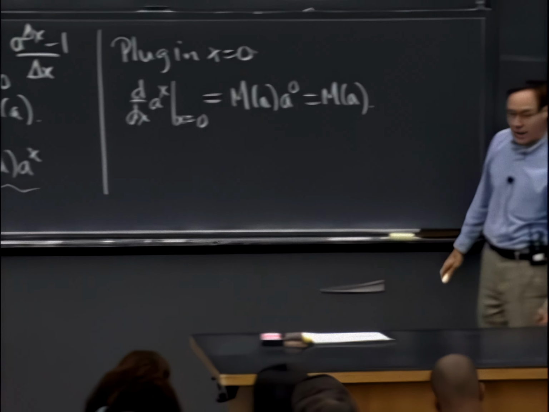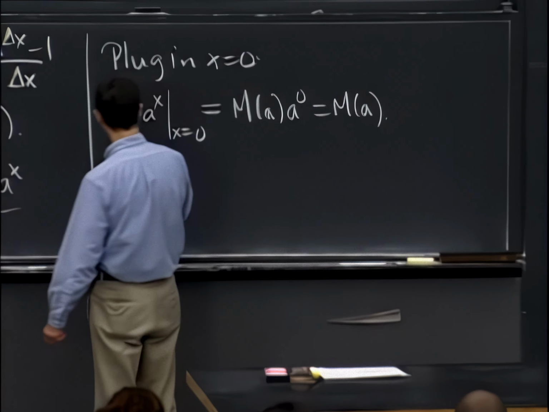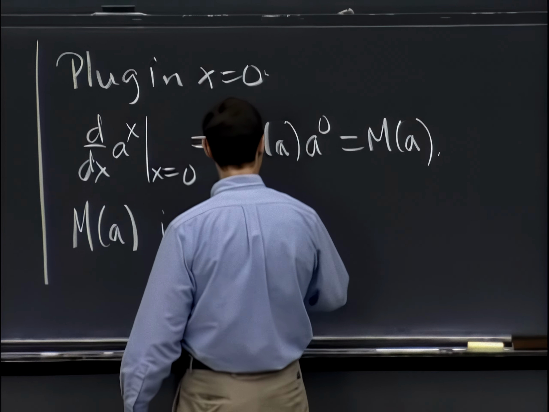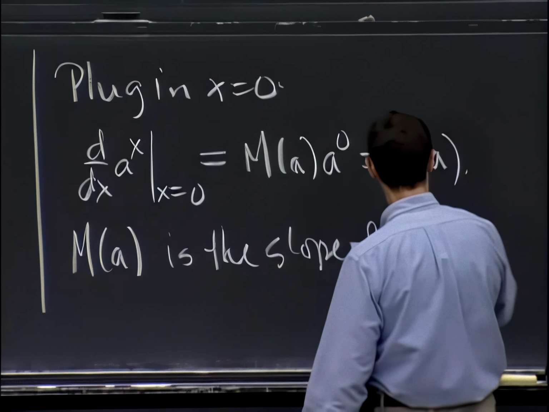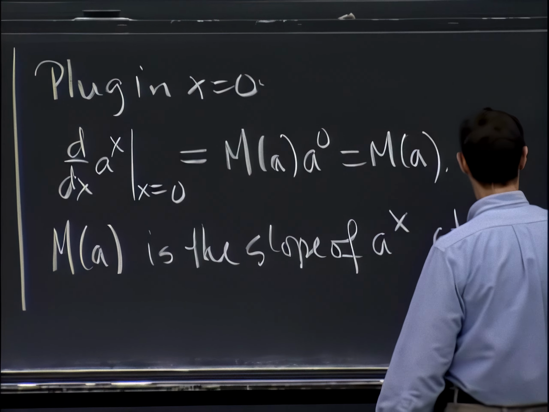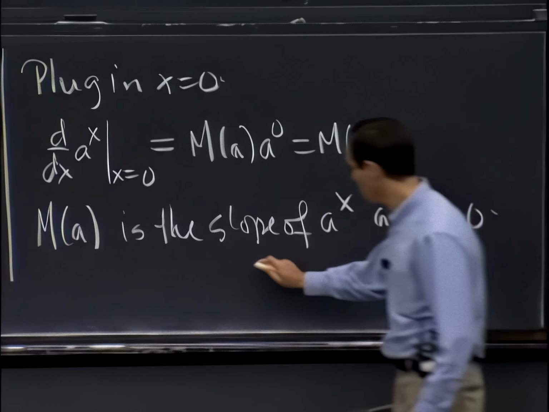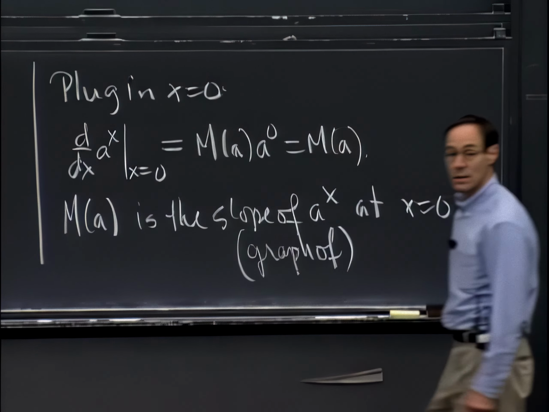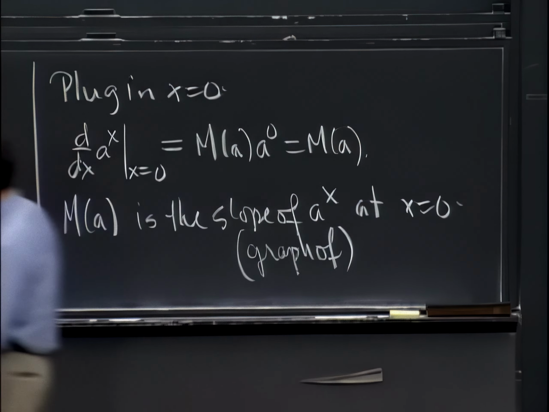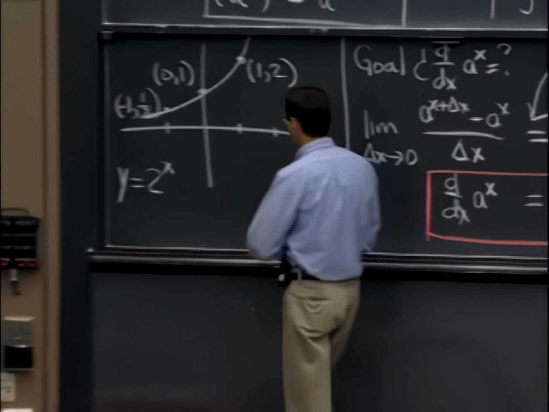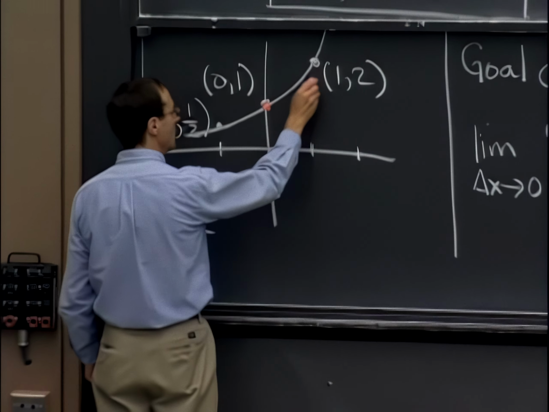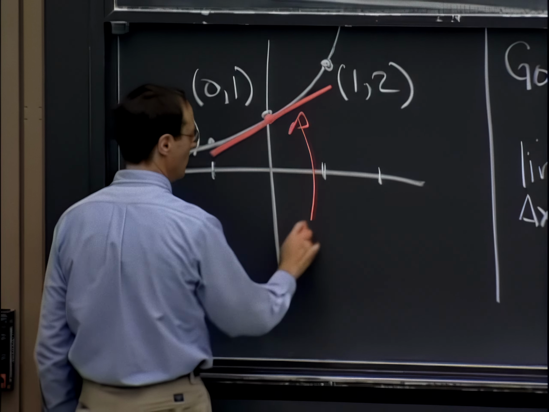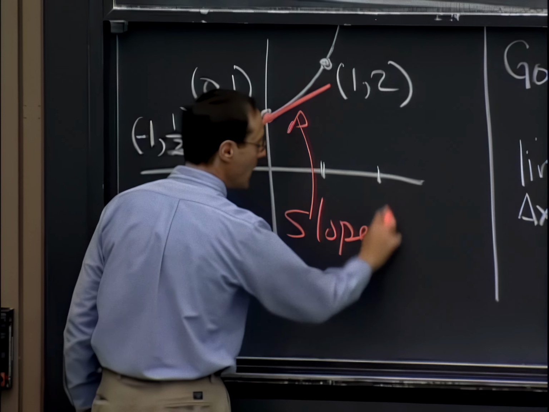So what is m of a? m of a is the derivative of this function at 0, so m of a is the slope of the graph of a to the x at 0. So again, over here, if you looked at the picture, I'll draw the one tangent line in here, which is this one here. And this thing has slope, what we're calling m of 2.